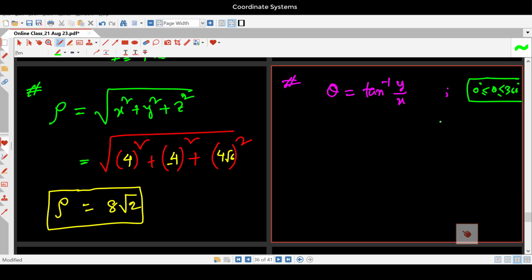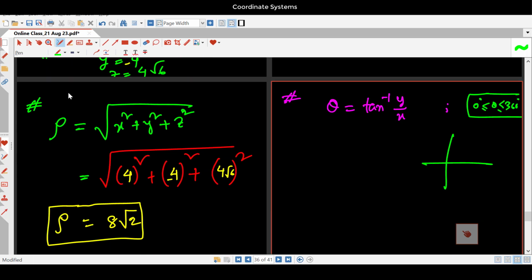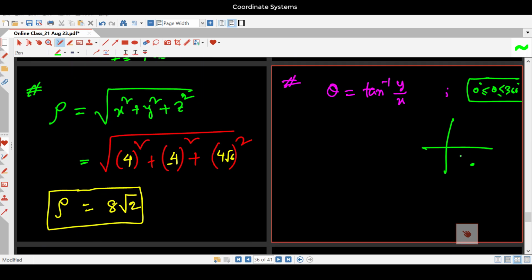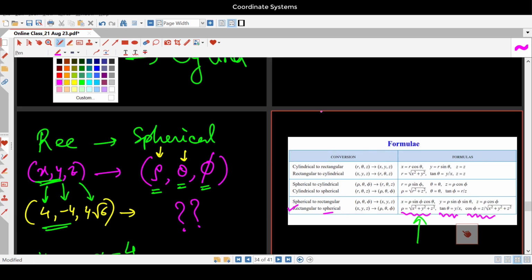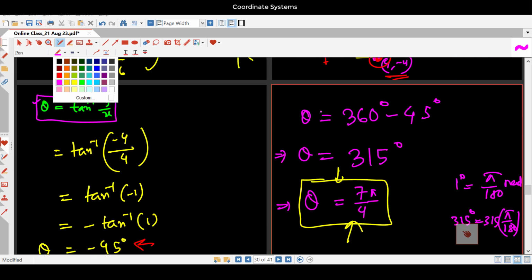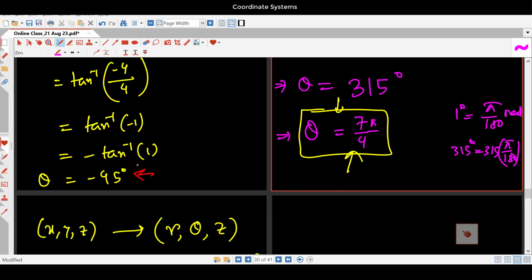So first of all, have a look. If we think just x comma y, so we have 4 comma -4. So the point is in the fourth quadrant, 4 comma -4. So that means the angle should be in this direction. So already here we have done the same thing, so no need to do all these things in detail.